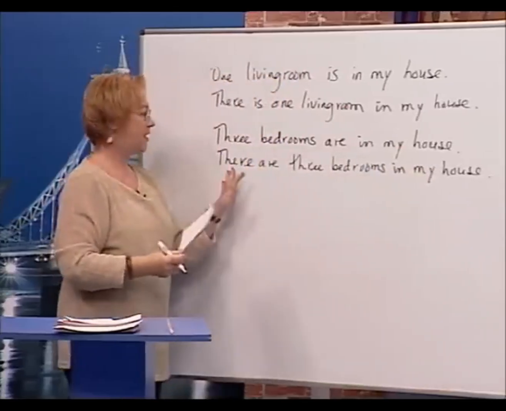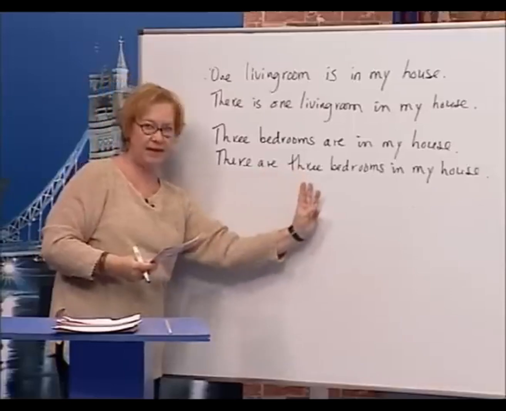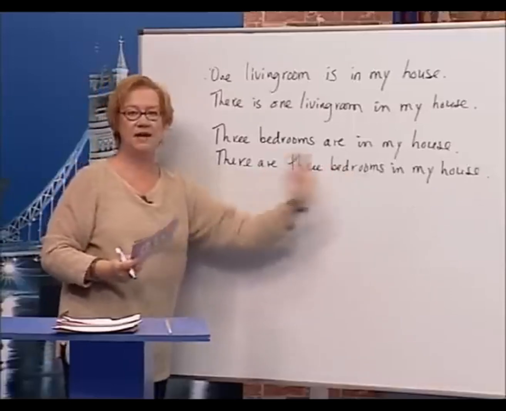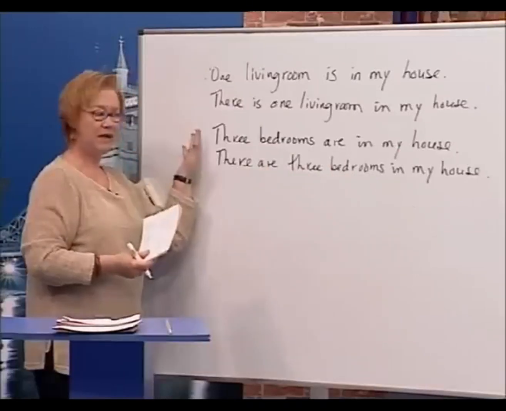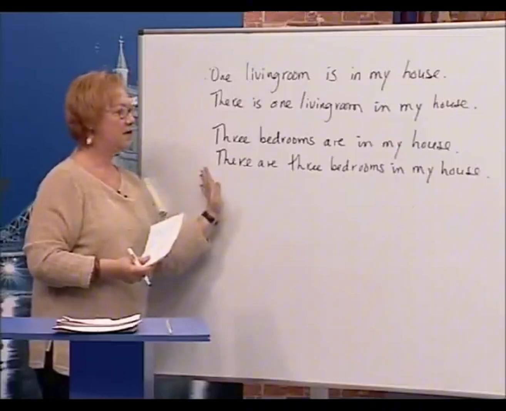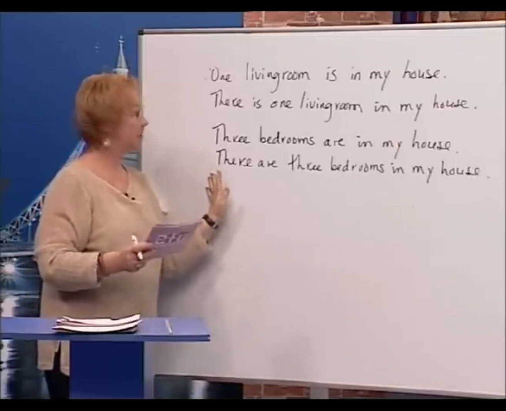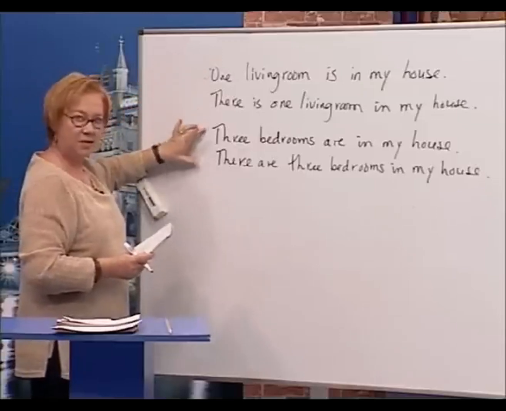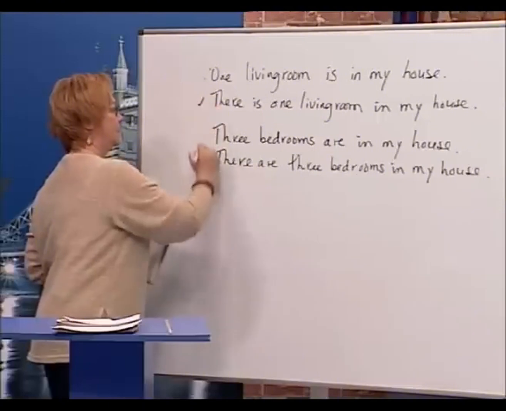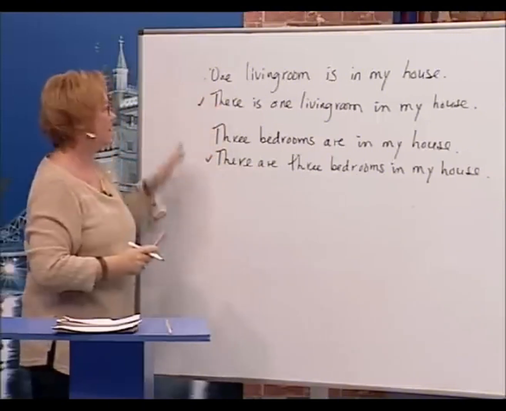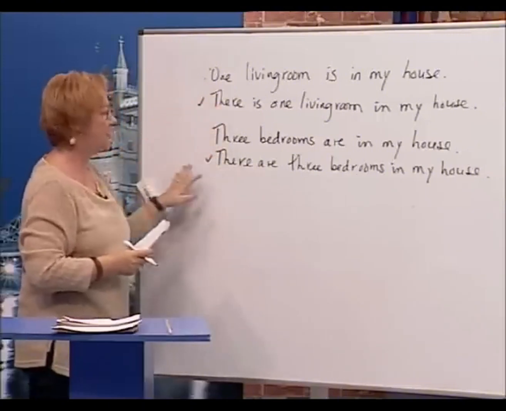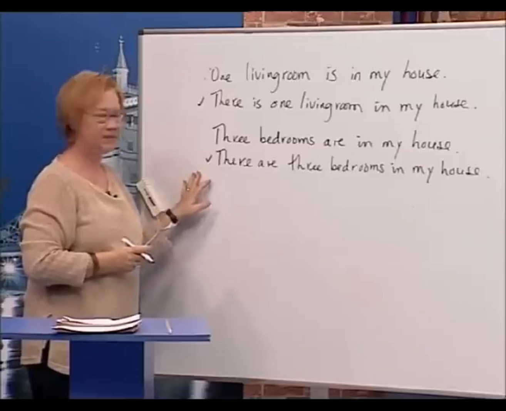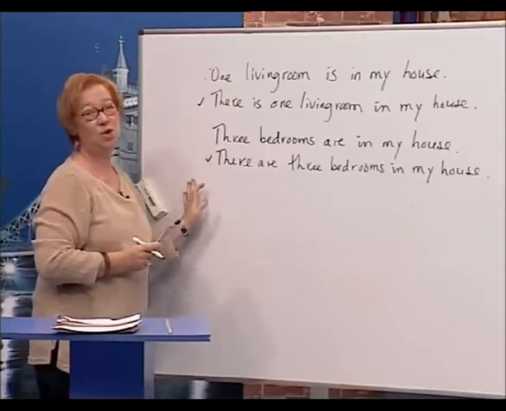Okay, so it's the same. There are 3 bedrooms in my house. Now, these are correct, but these are better. There is one living room in my house. There are 3 bedrooms in my house. These are nicer and more normal.